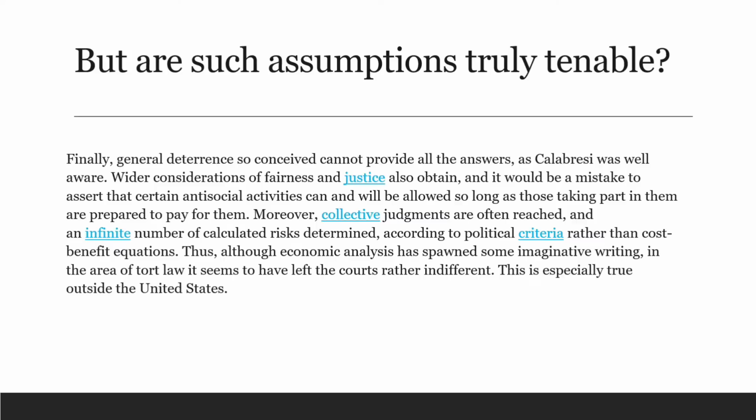Moreover, collective judgments are often reached and an infinite number of calculated risks determined according to political criteria rather than cost benefit equations. Thus, although economic analysis has spawned some imaginative writing in the area of tort law, it seems to have left the courts rather indifferent. This is especially true outside the United States.